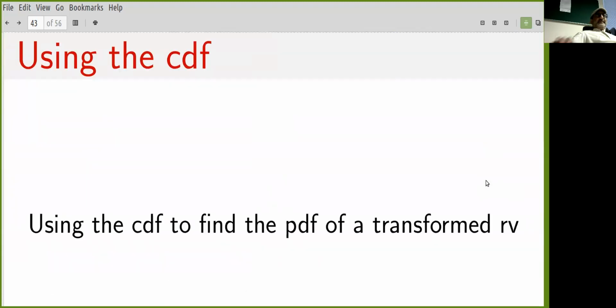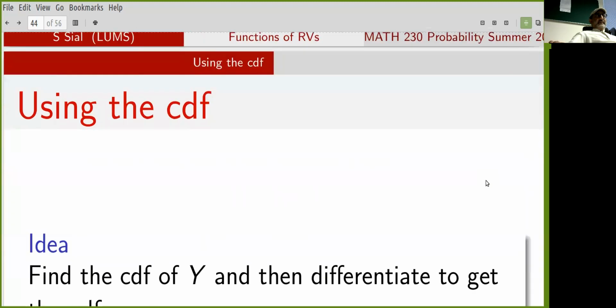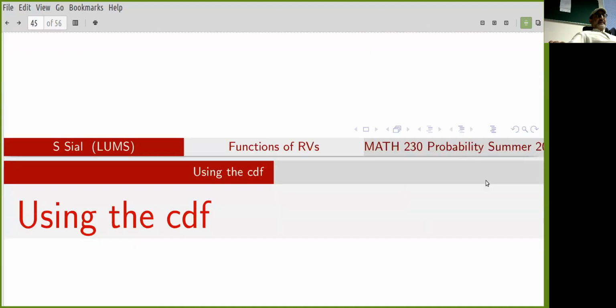Another way is this. I have the PDF maybe of the original random variable. Instead of finding the PDF of the transformed random variable, find the cumulative distribution function first, and then take its derivative to find the PDF of the transformed random variable. So let's try that.